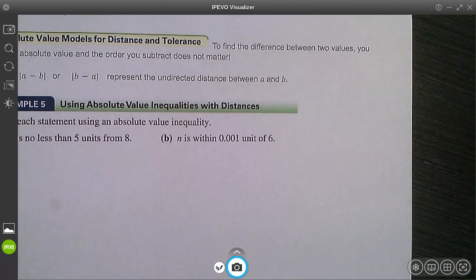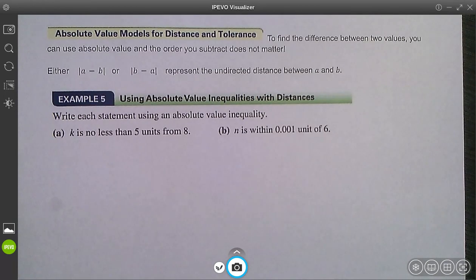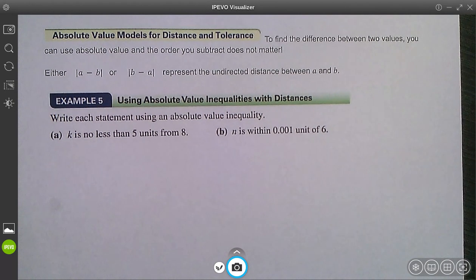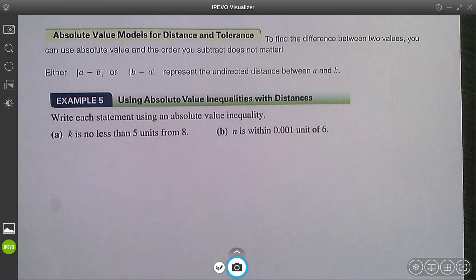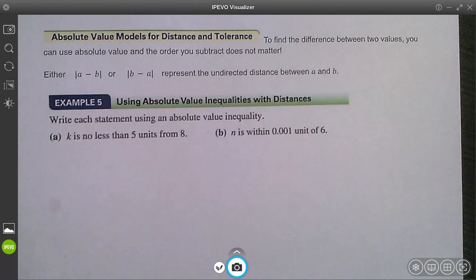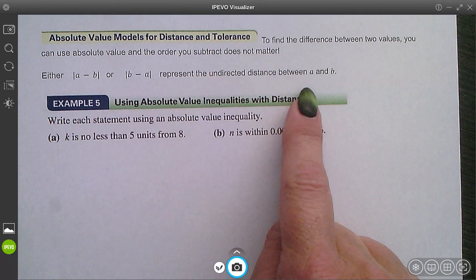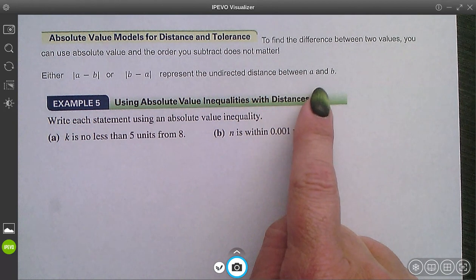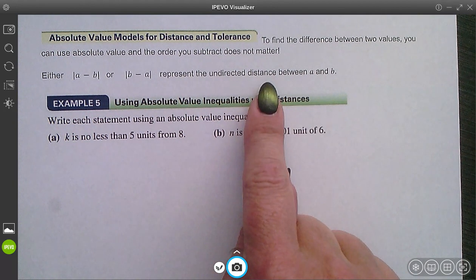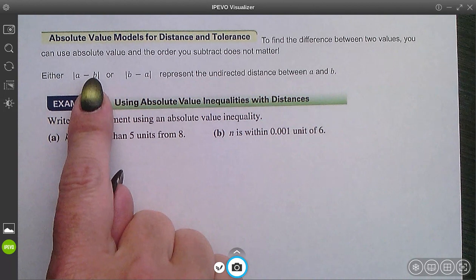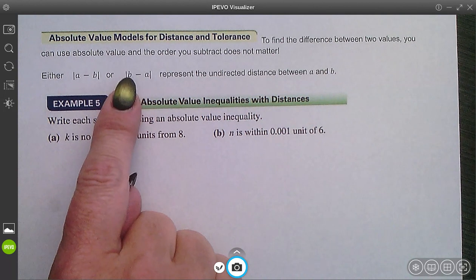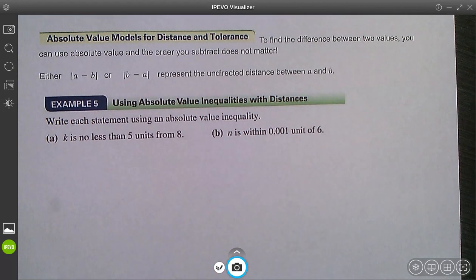We can use absolute values to model distance and tolerance. To find the difference between two values, we can use absolute value, and then that way the order we subtract doesn't matter. So if I have two locations on the number line, and I just want to know the distance between the two, I can subtract A minus B, or I can subtract B minus A, and it won't matter.